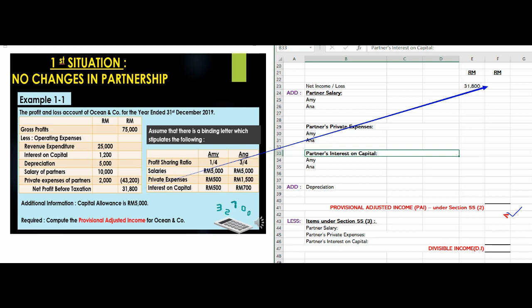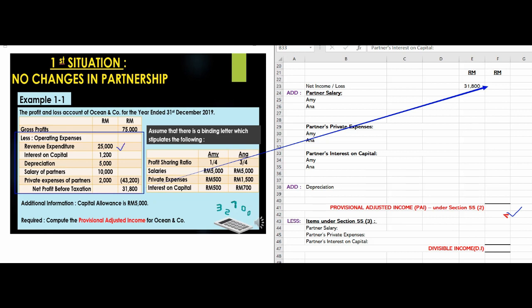As in this Sochi, you have to identify anything regarding the partners and anything regarding non-allowable expenses. Alright, so there is information regarding revenue expenditure. Usually this is for the partnership.